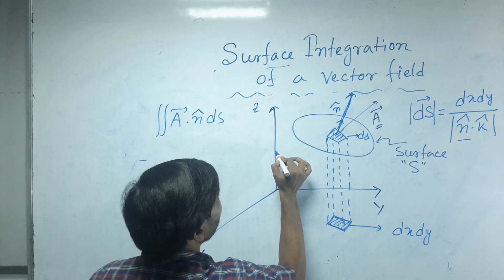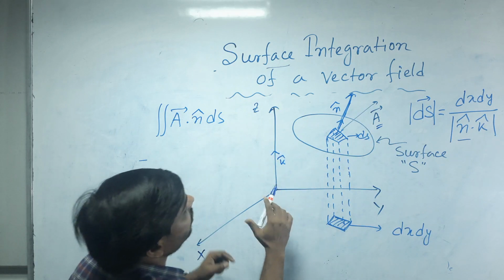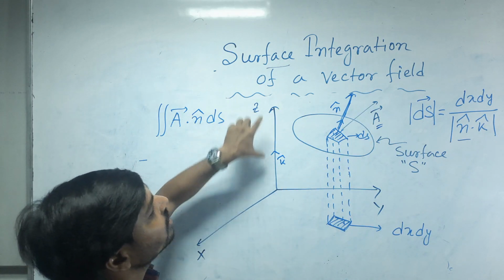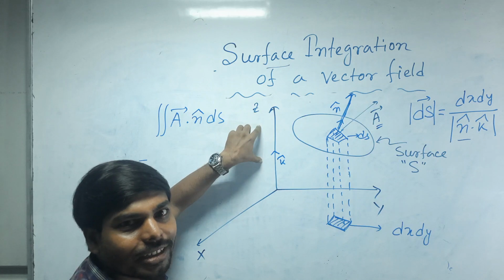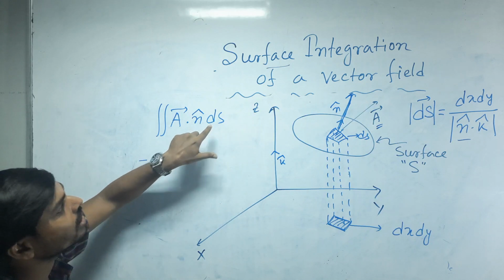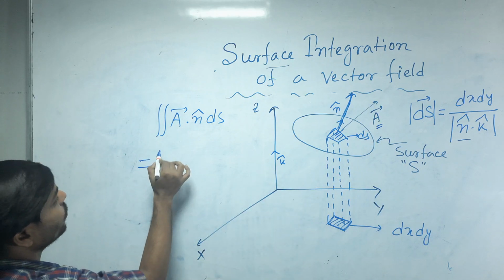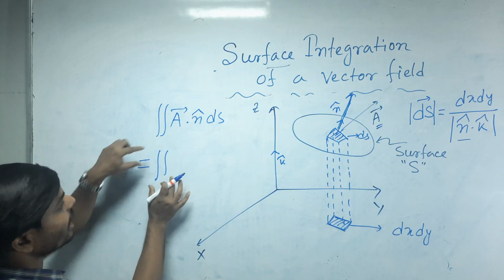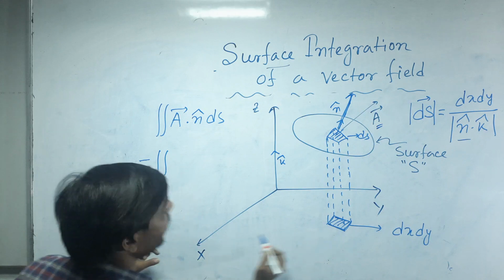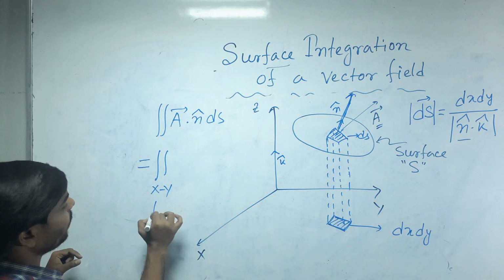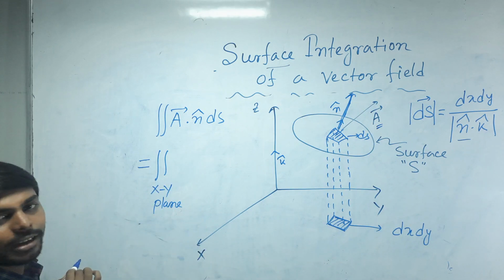And what is k cap? k cap is the unit vector along the z direction. So then we can replace this dS by this one. So this is now the same surface integration, but it is now in the xy plane, right?